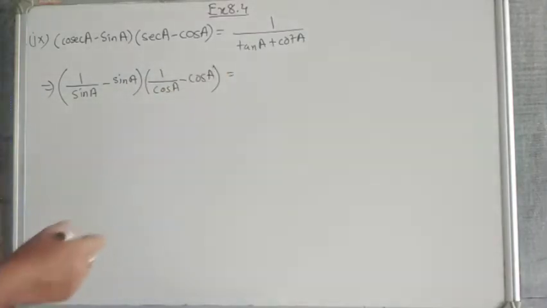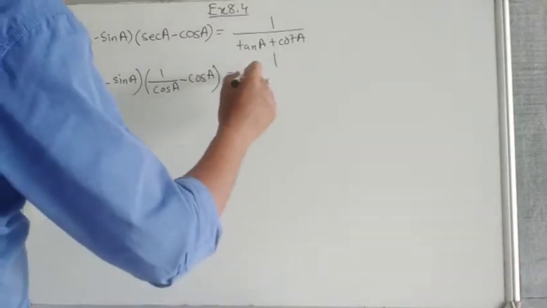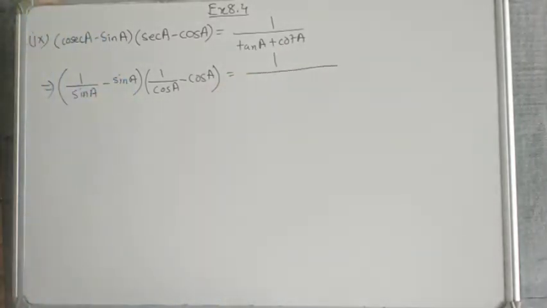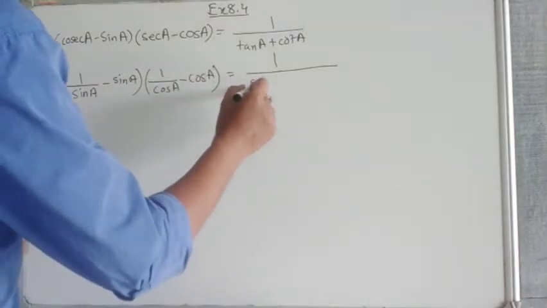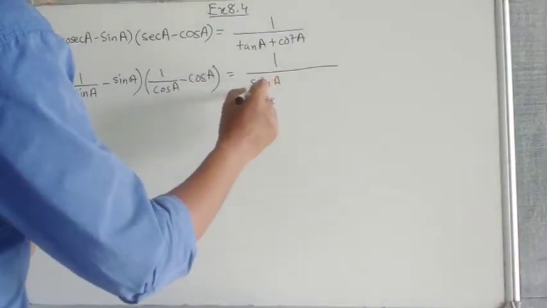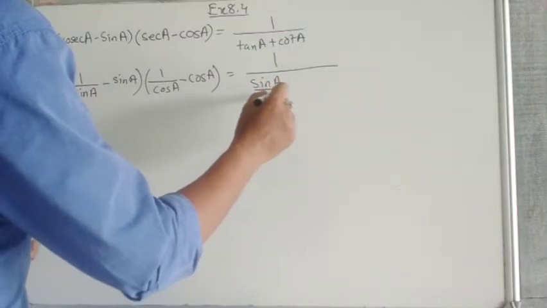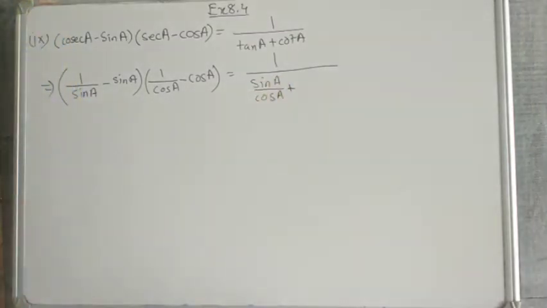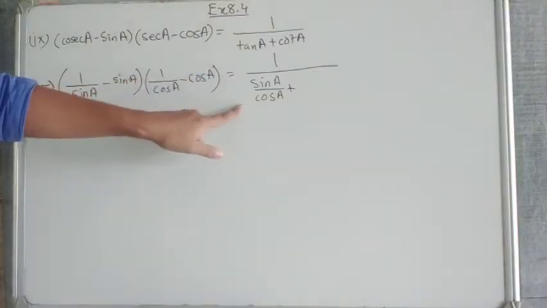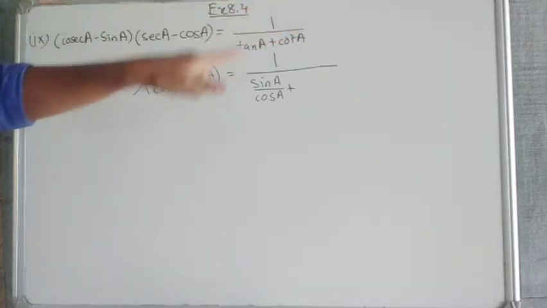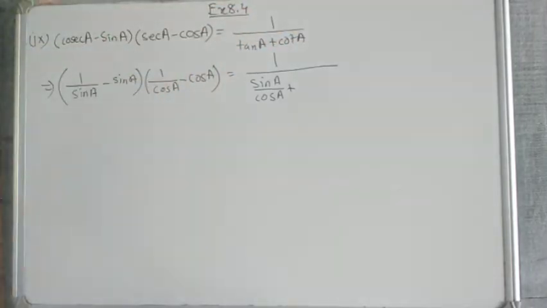Cos A. Now this side, for tan, we have a formula. For tan, the formula is sin A by cos A. Now for cot, I have told you the derived formulas, no? So if tan is sin by cos, then cot is the opposite of tan, so the opposite of this. Try to understand.